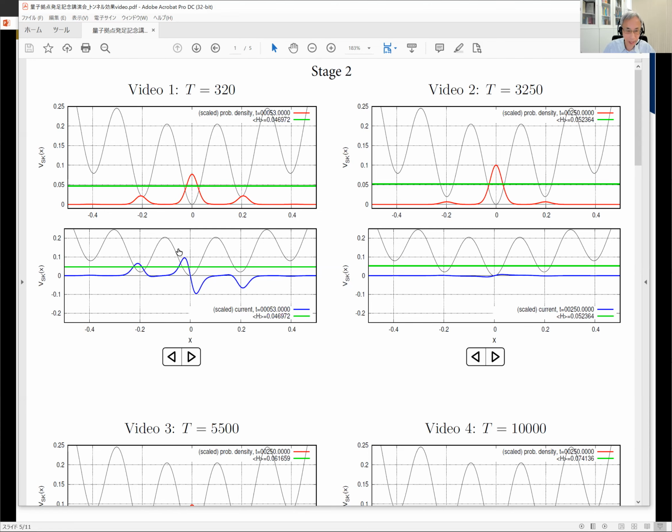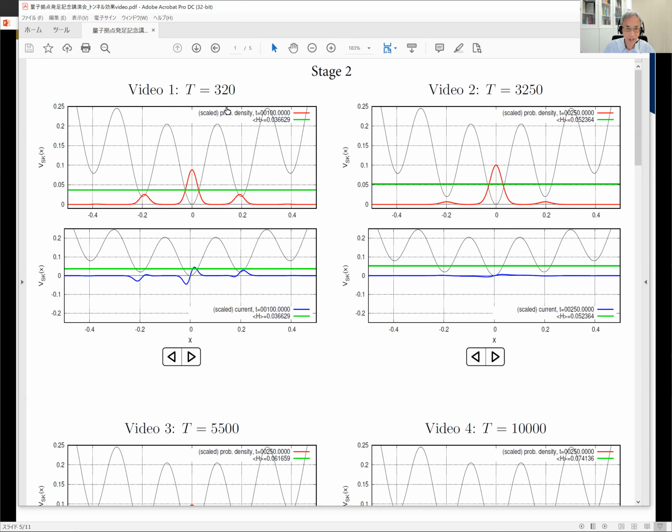And the probability current for negative x means that the probability flows toward the center. So it is favorable. But it oscillates as a function of time. As you see, at this instant, the current for positive x is positive, which means the probability flows away from the center. And the same is true for this part.